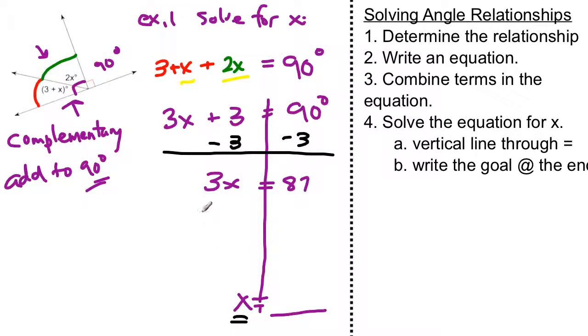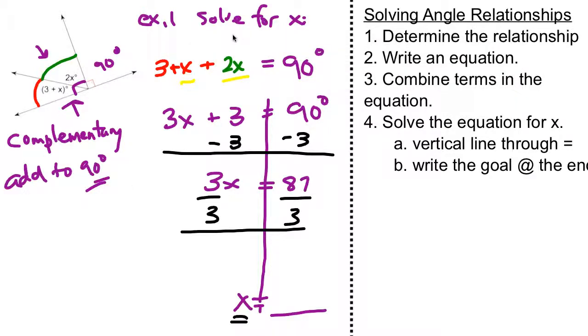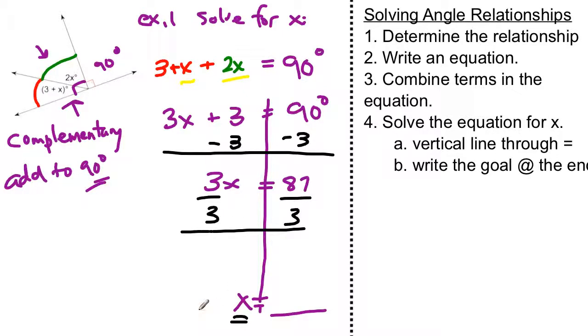Then we divide by 3 on both sides, and we find that x is equal to 87 divided by 3. Let's pull up our calculator. 87 divided by 3 is 29.